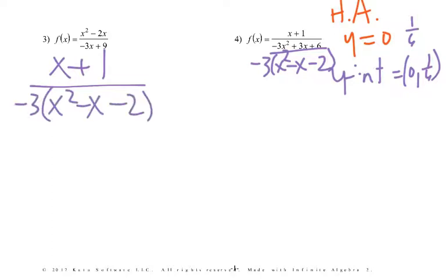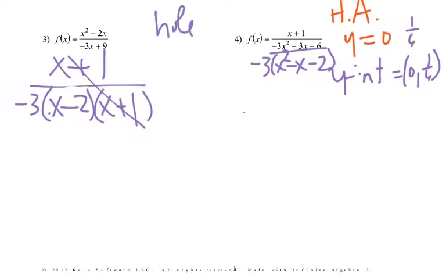Okay, factors would be 2 and 1, with 2 being negative, so this inside here would actually change to x minus 2 times x plus 1. So the x plus 1's cancel, so that actually would create a hole at x plus 1, so x plus 1 equals 0, which would subtract 1, so where x equals -1, there's a hole.